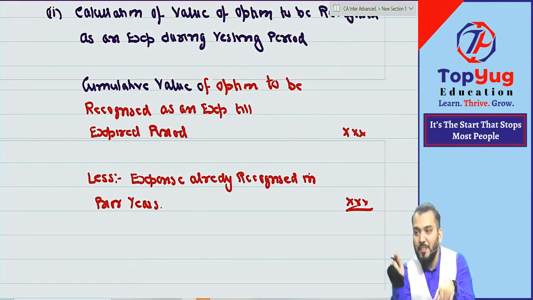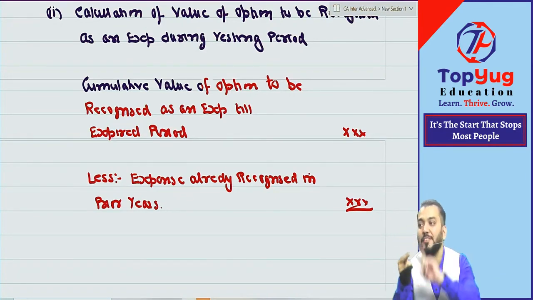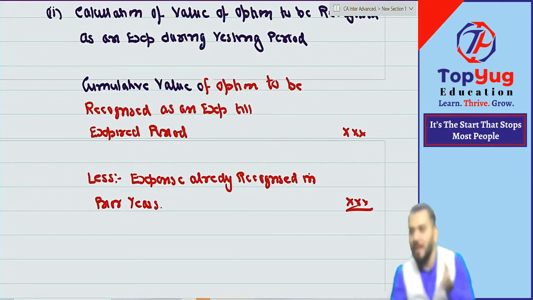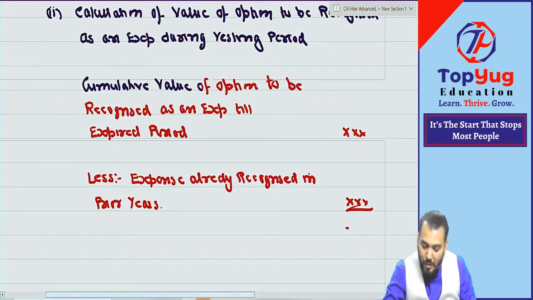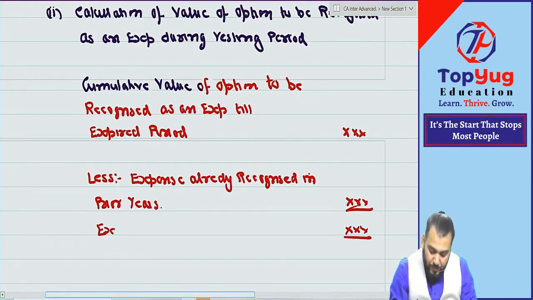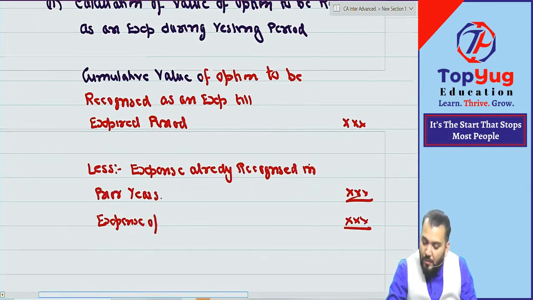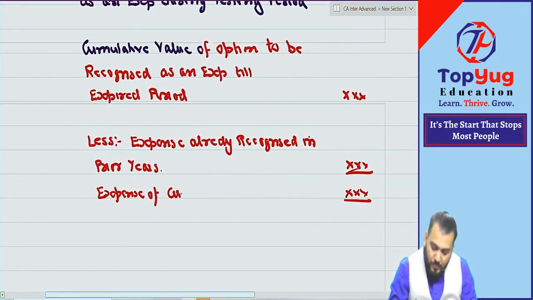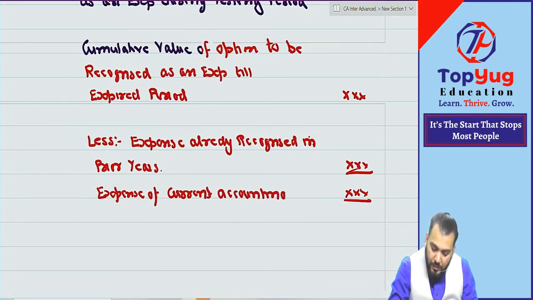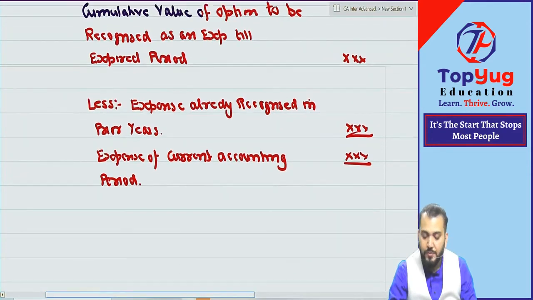The fourth column expense we calculated by deducting the expense of the previous year. Remember, the same thing I have written. I hope you have understood. So this balance amount will be the expense of the current accounting period. Have you understood this point?